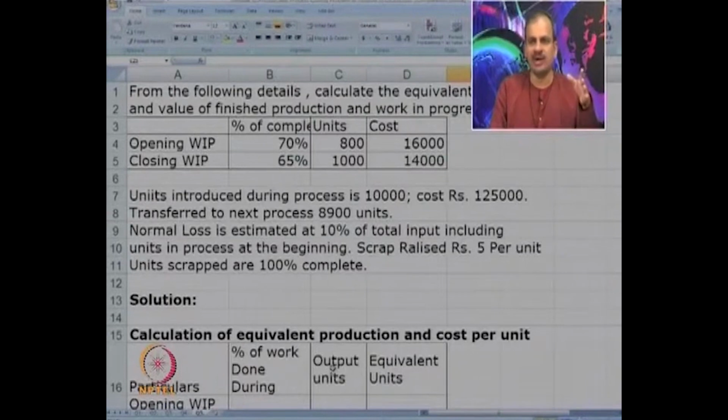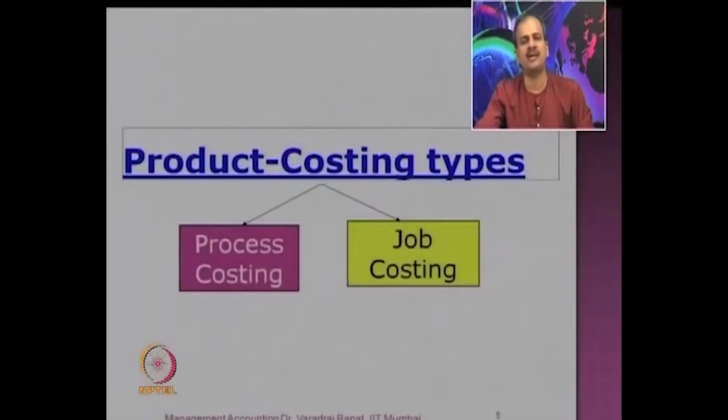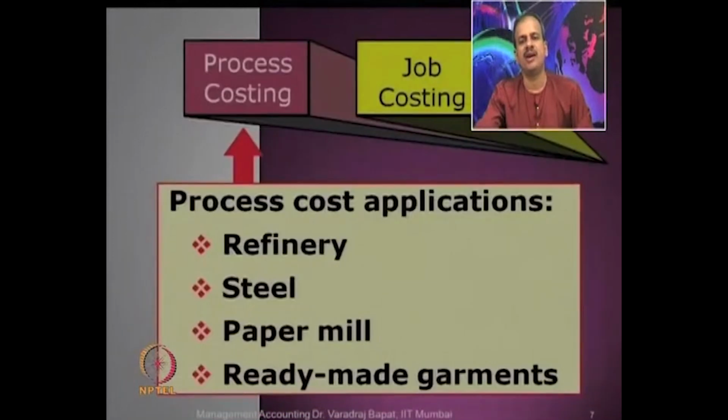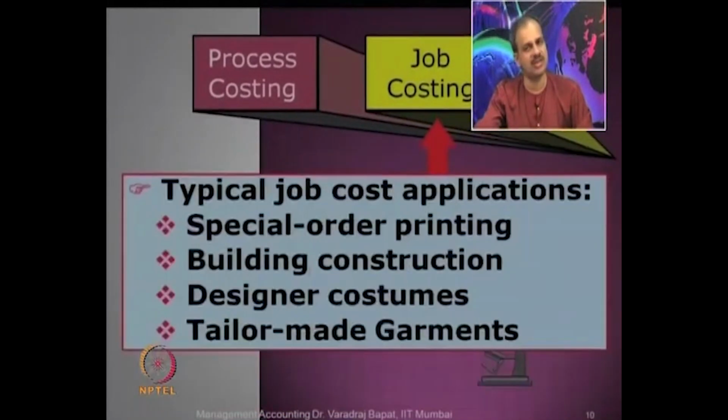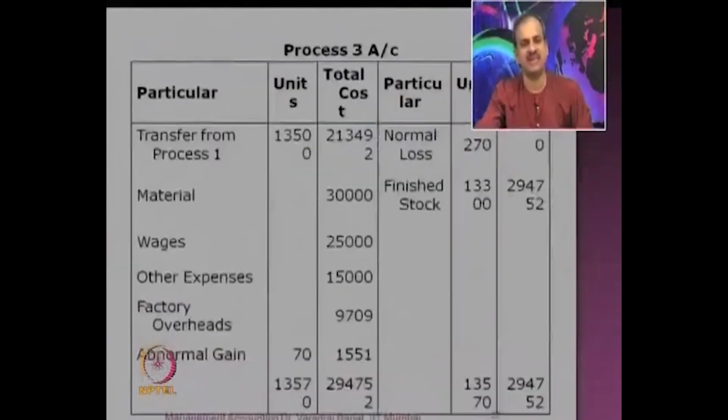Now we will do one more case on this so that there is more clarity in the next session. But right now look at one more aspect about product costing. We have already dealt with process and job costing, but the similar fundamentals can also be used in service industry.